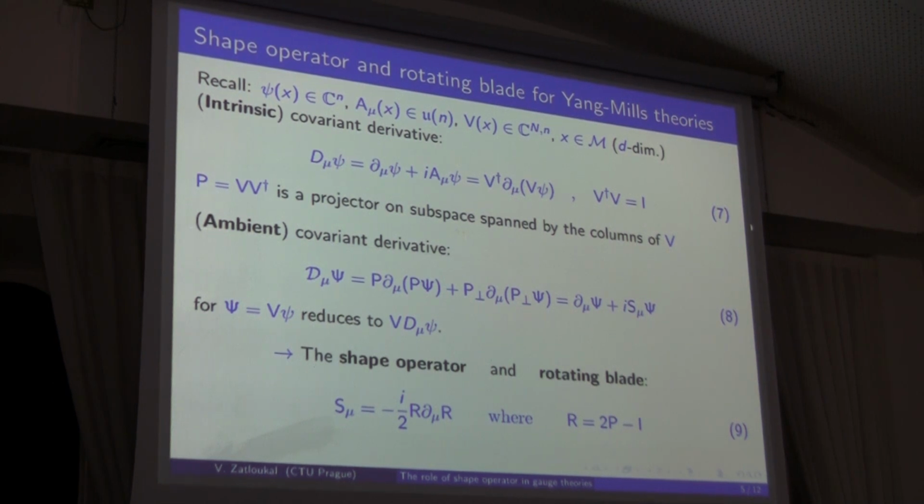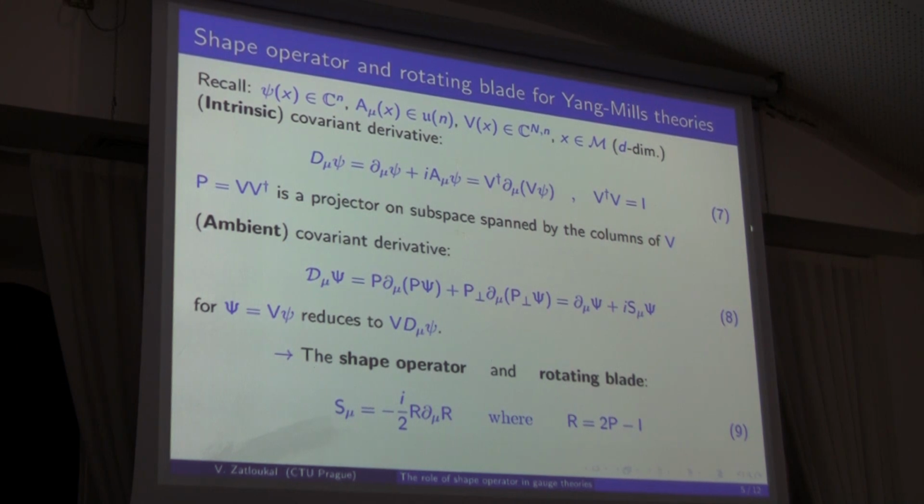So we basically are going to develop some kind of embedded picture for this traditional Yang-Mills theory. So V is an n-tuple of orthogonal vectors.